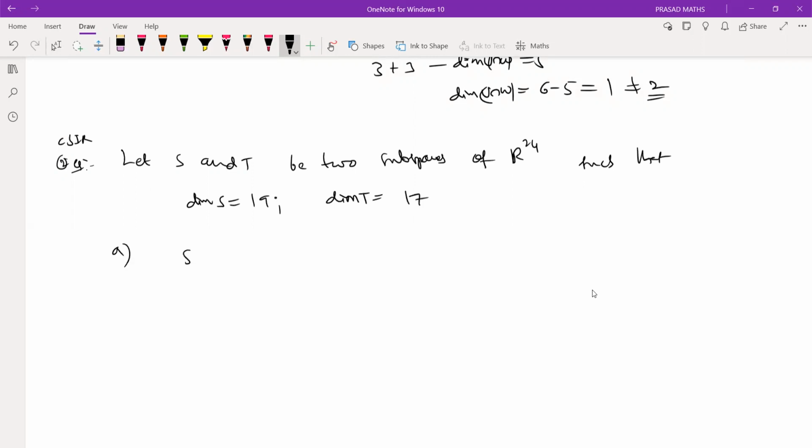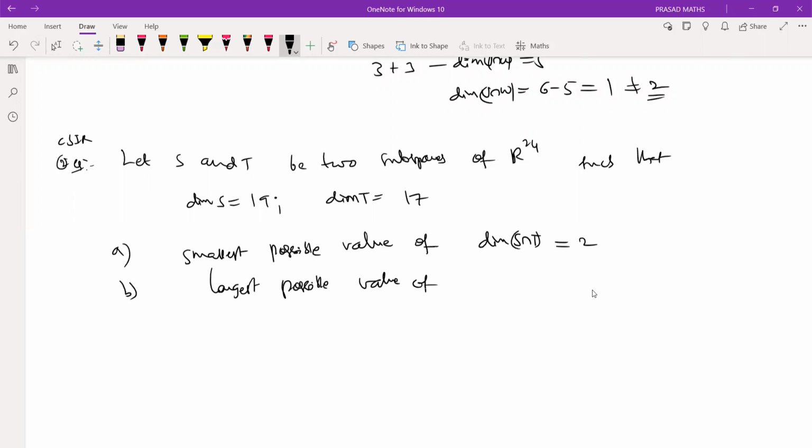Which of the following is true? A: the smallest possible value of dimension of S intersection T is 2. B: the largest possible value of dimension of S intersection T is 18. C: the smallest possible value of dimension of S plus T is 19.